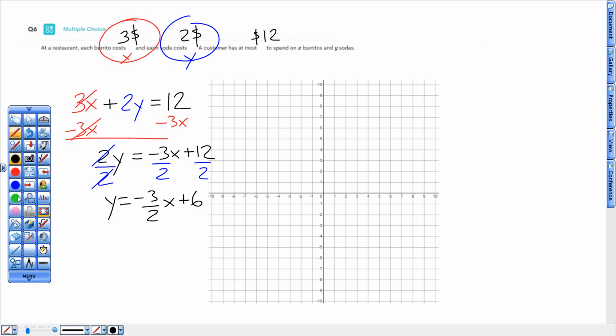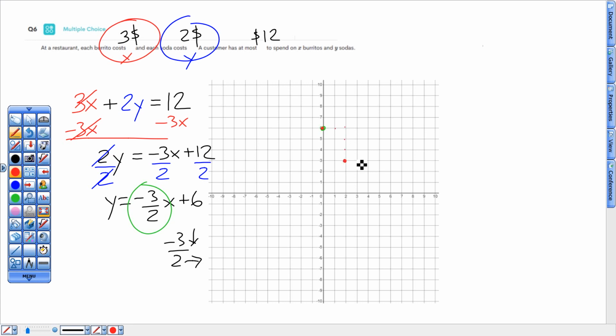And then there's my y-intercept 6. And then there's my slope right there. Looks like every time I'm going over 2, I'm going down 3. So right 2, down 3.